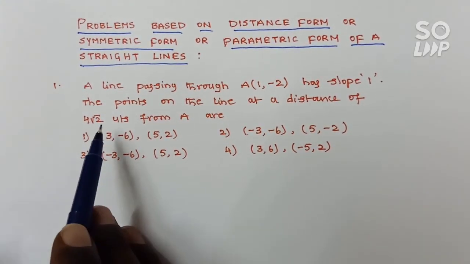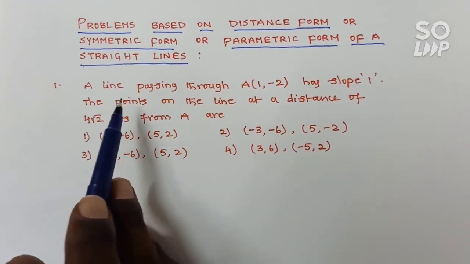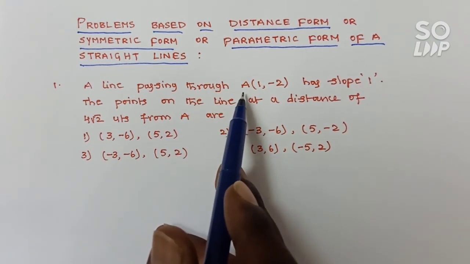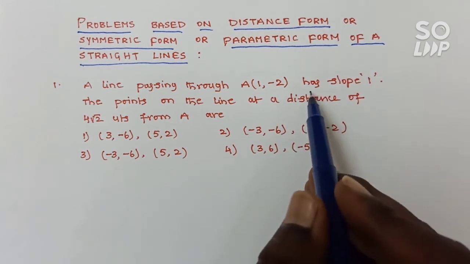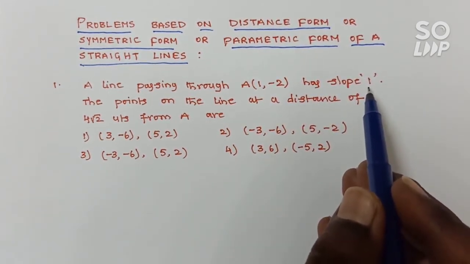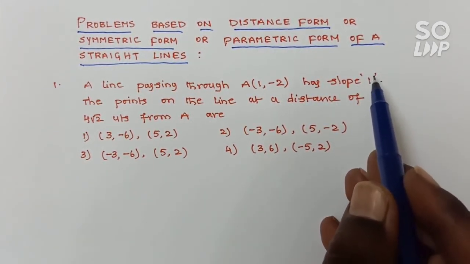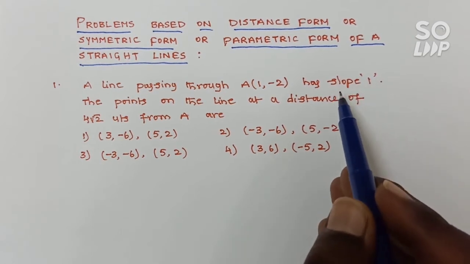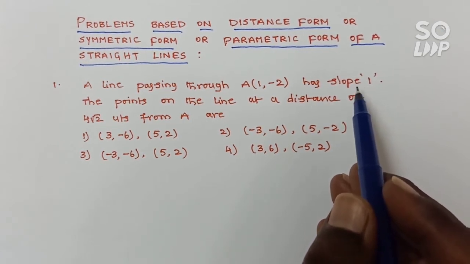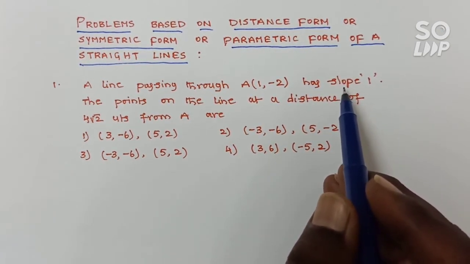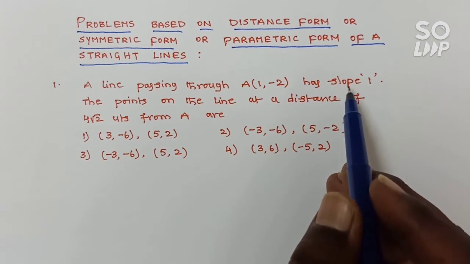Now first of all, read this question. A line passing through A equals 1 comma minus 2 has slope 1. Slope 1 means, from the definition of slope, 1 equals tan theta. The slope definition is the tangent value of the inclination.